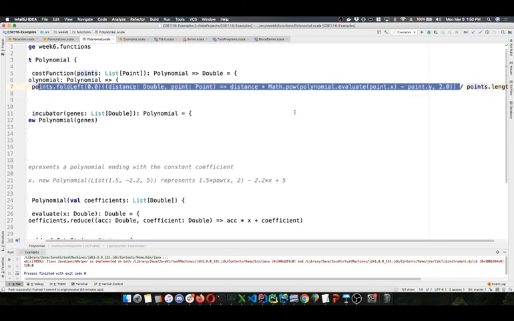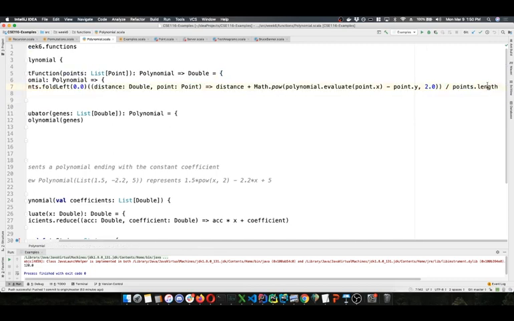Once this returns, I'm going to divide that by the total length to normalize based on the number of points. If I have more points, I don't want that to penalize my cost. So I can use that fold to take in a list of points and return the total squared distance between the evaluation of this polynomial and those points. How far are these points away from the polynomial?